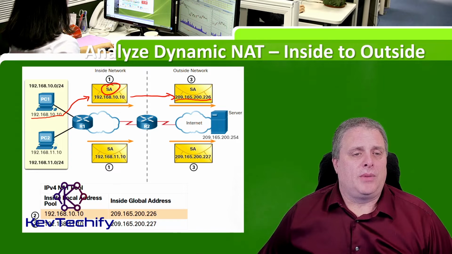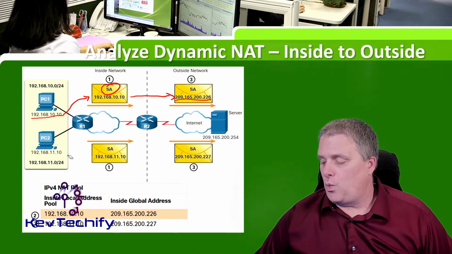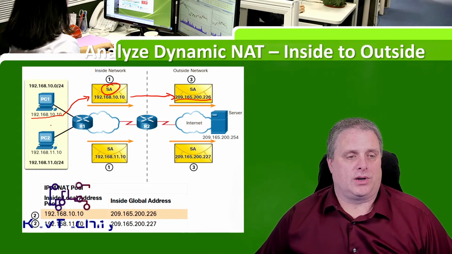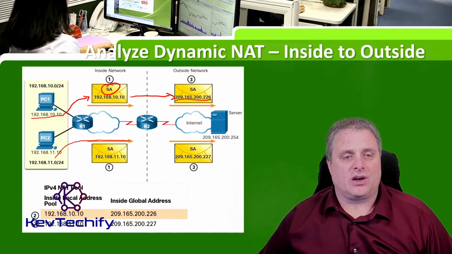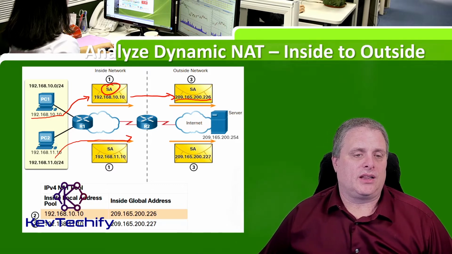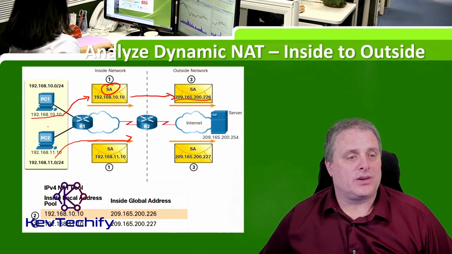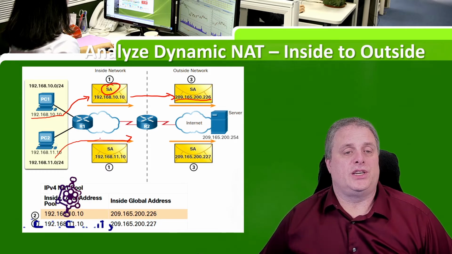PC2, in the meantime, also wants to send a web request to the web server. And so it sends out a packet with the destination address of the web server, but the source address of 192.168.11.10. That's the internal IP address of PC2.